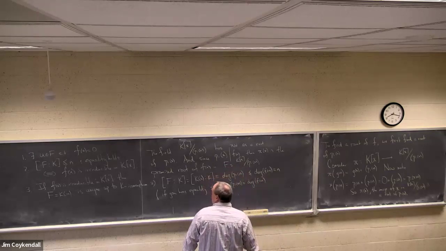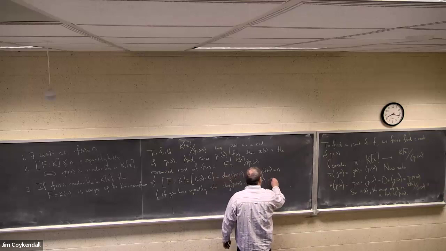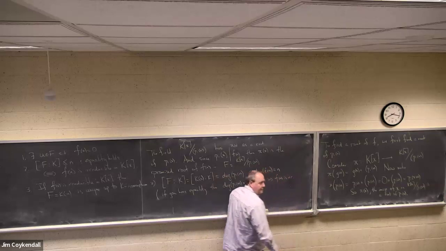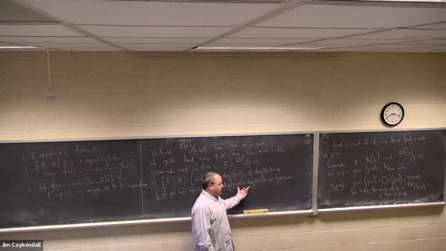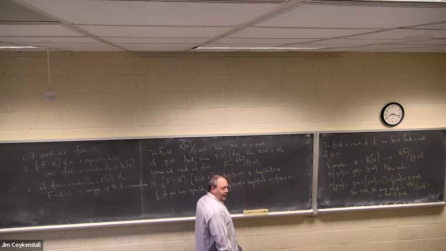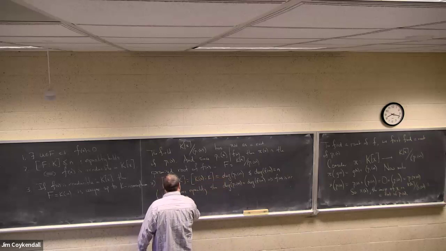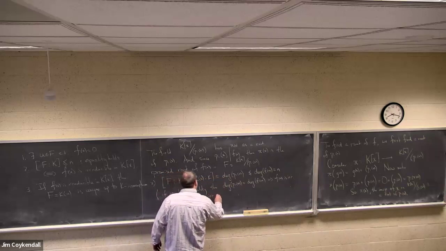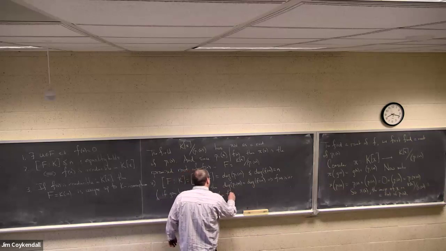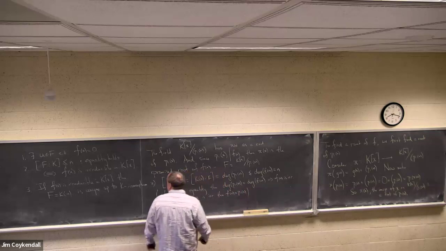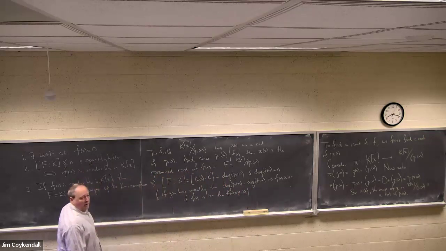And so this implies F(X) is irreducible. Right, because these have the same degree, they can only vary by a constant, so since this one was irreducible, this one has to be irreducible. And on the other hand, if F(X) is irreducible, then F(X) must equal P1(X). And so we get equality, right?